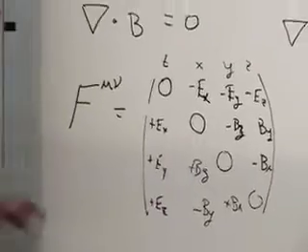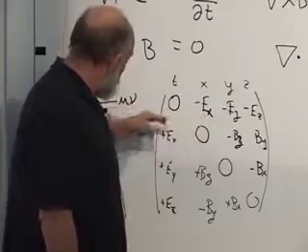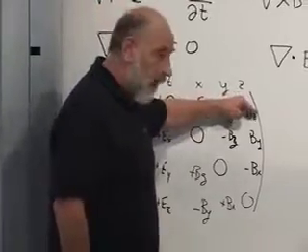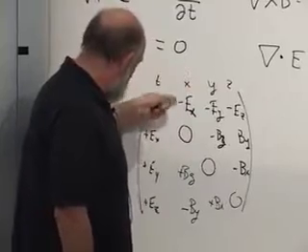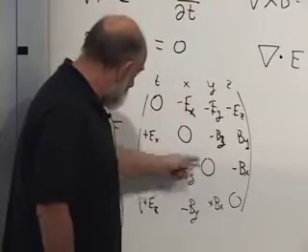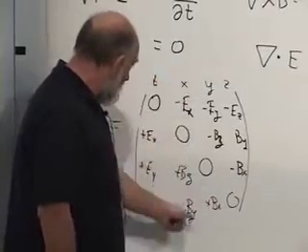We would call this component over here the t x component. The first row refers to time, the second row is x, the third row is y, the fourth row is z, and likewise for the columns.